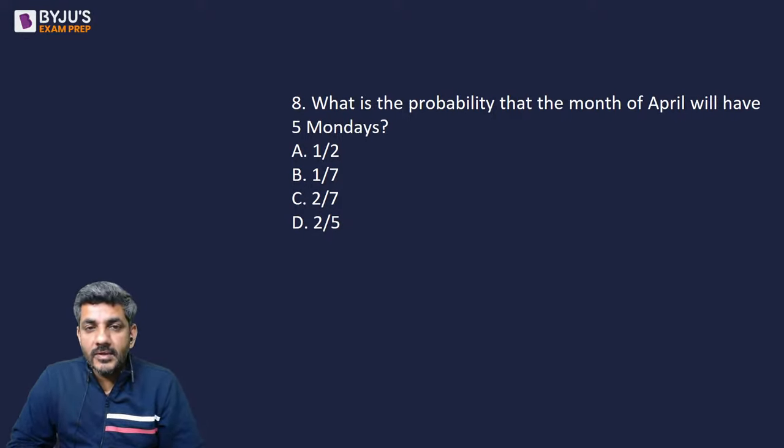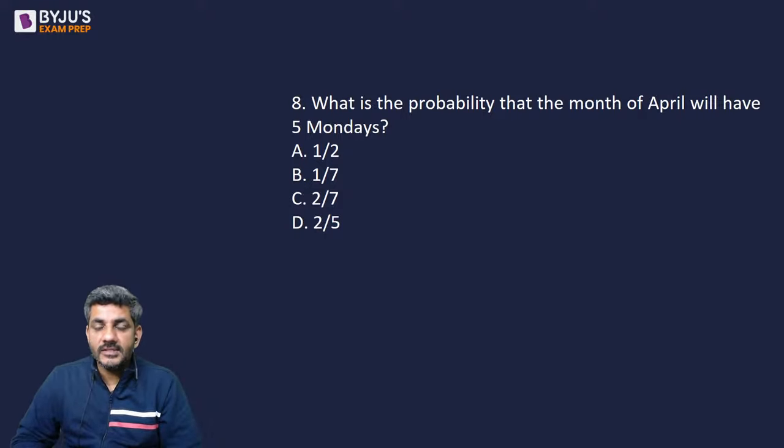What is the probability that the month of April will have 5 Mondays? What is the right answer for this case?